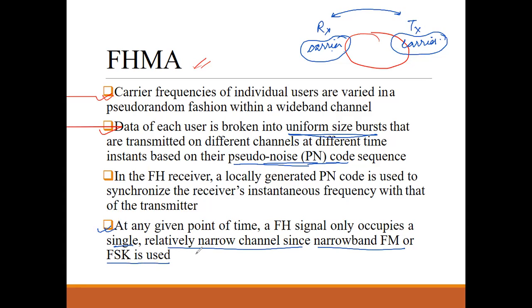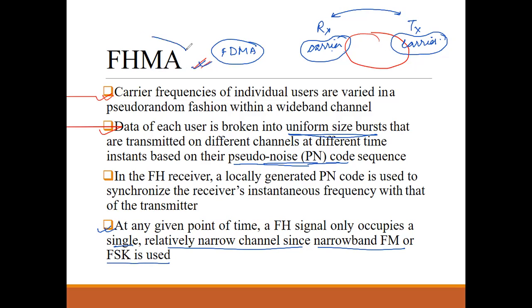Okay, so what is the difference between this frequency hopping multiple access and simple FDMA? What is the basic difference between these two? That difference is that the frequency hopped signal changes channels at a rapid interval.